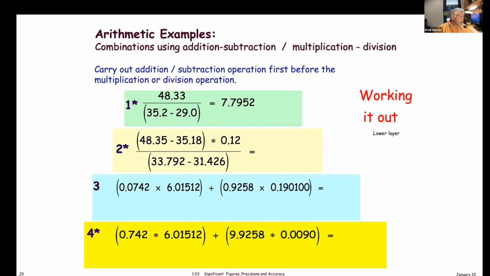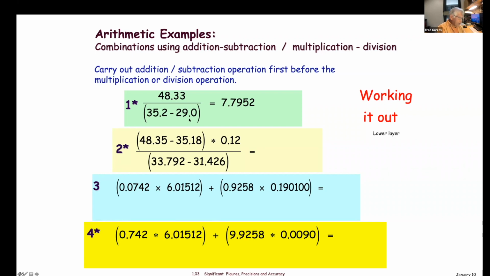Okay, so here are a bunch of examples that sort of illustrate that. This is when you take 35.2 and you subtract 29.0. If you do this in your calculator, your answer will be to the 10th of a place.